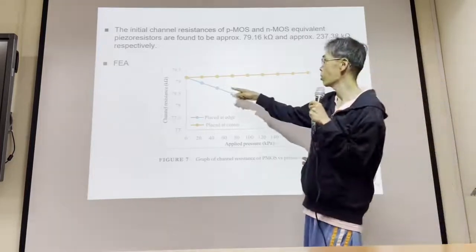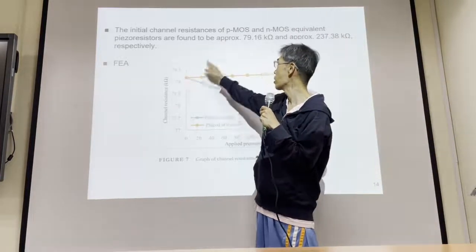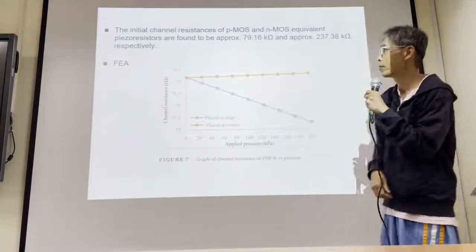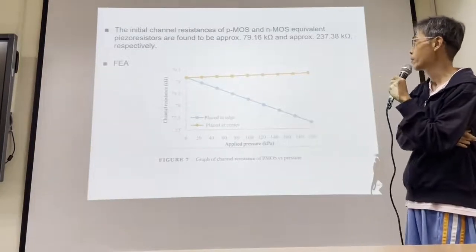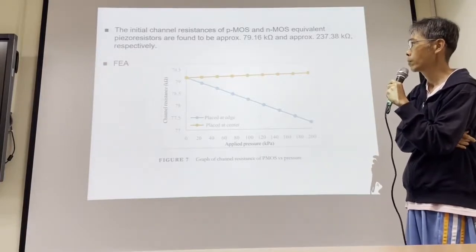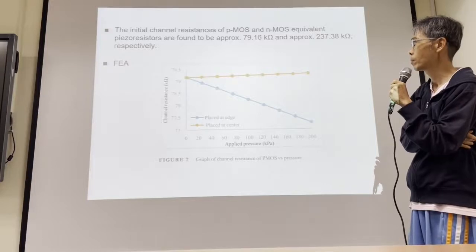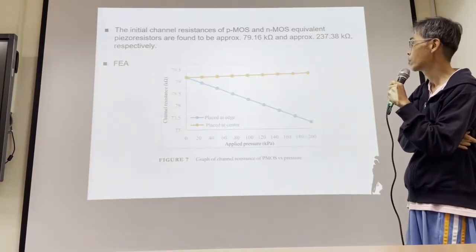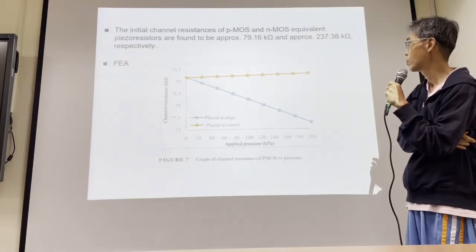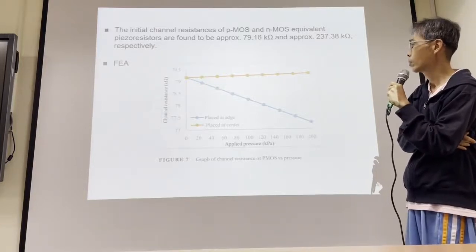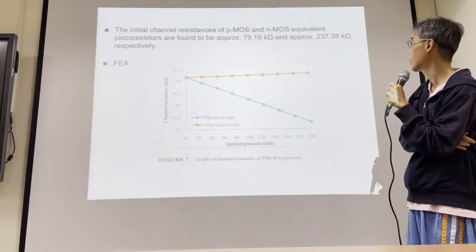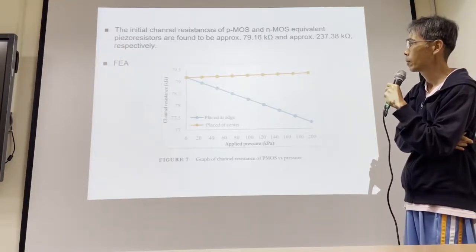Then the initial resistance. Okay, Amin, could you read this? The initial channel resistance of PMOS and NMOS equivalent piezoresistor was found to be about 79.60 ohm and about 237.78 k ohm respectively.